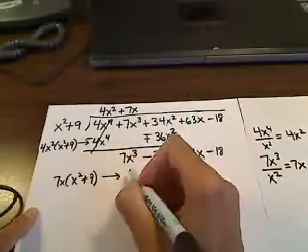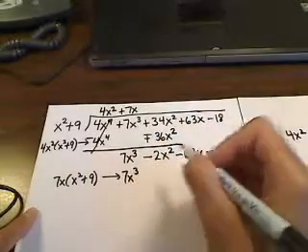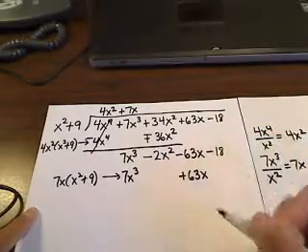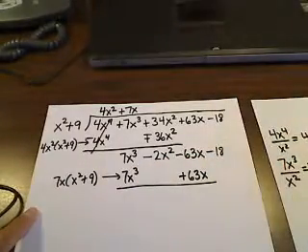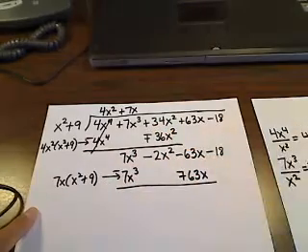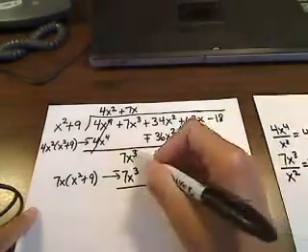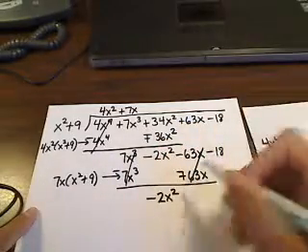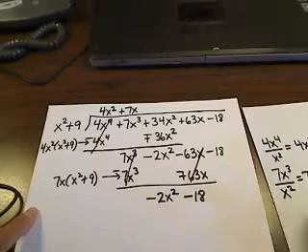When I do that, I get 7x cubed and then plus 63x. Make sure you line up like terms. Then I have to do subtraction. So I have to change the signs. They're both positive, so they go to negatives. That adds to be 0. Negative 2x squared, that adds to be 0, and then minus 18.